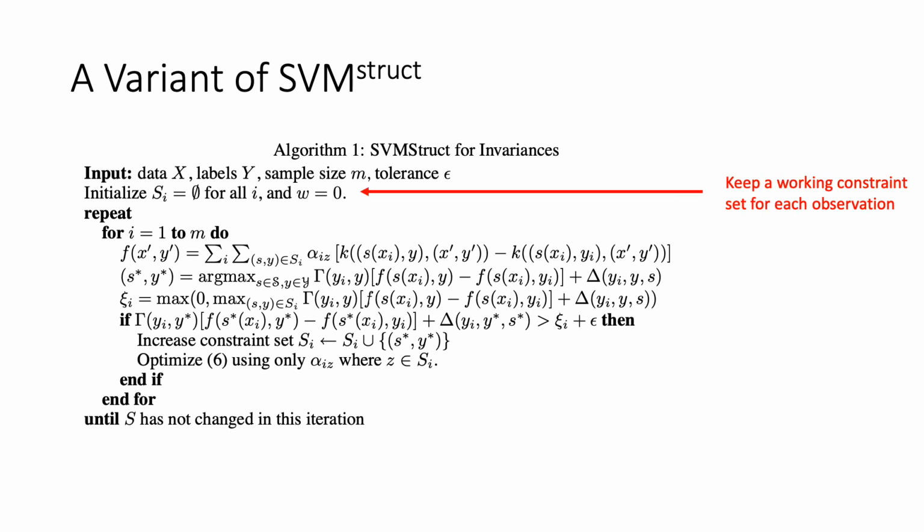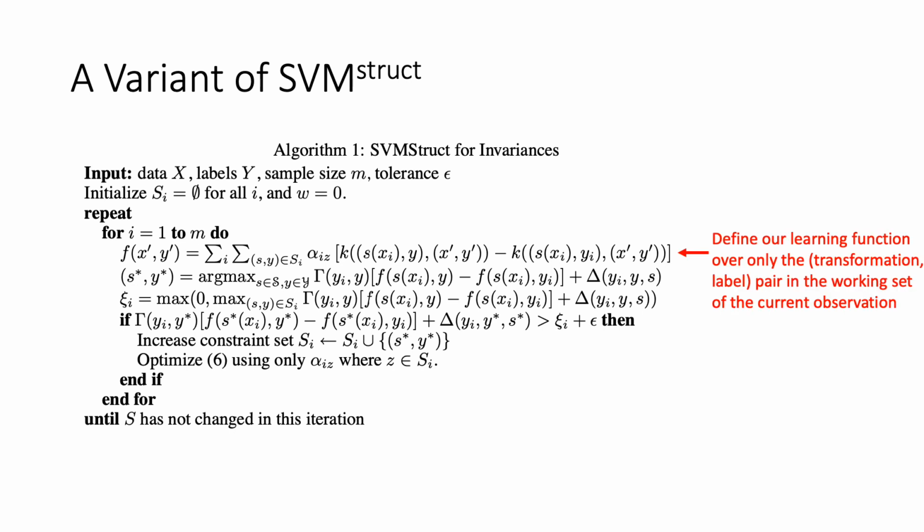So to do this, the first thing that we actually have to do is to define a working set of constraints for each observation. So each observation, if we have, let's say, 500 observations, we're going to have 500 different working sets of constraints. And then in each iteration of the for loop, what we're going to do is define our learning function.